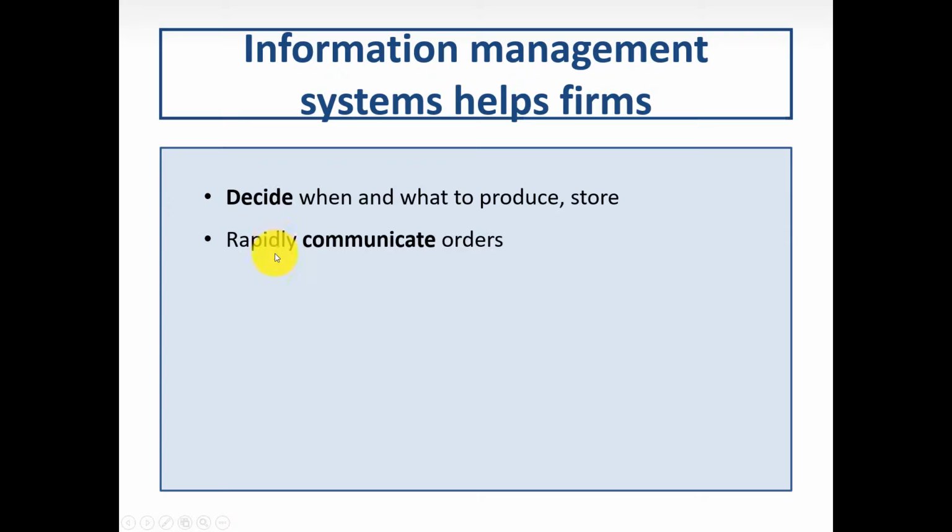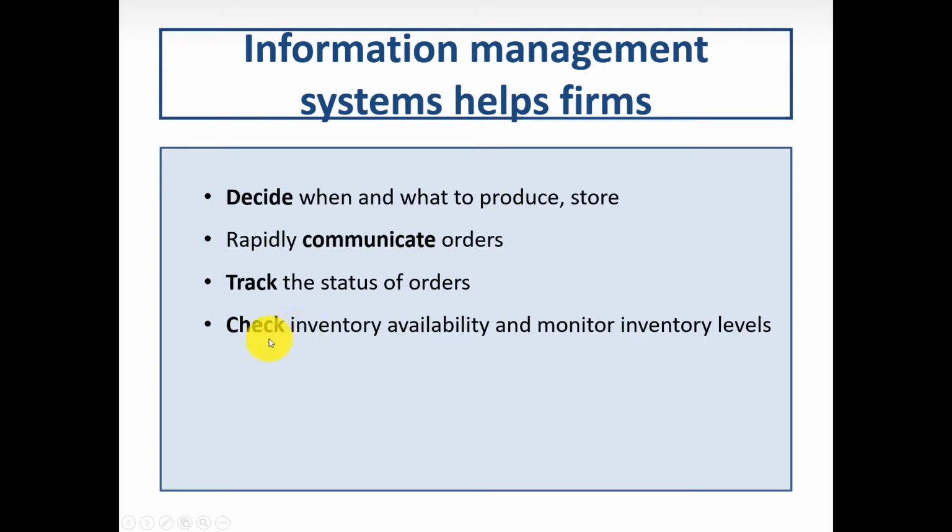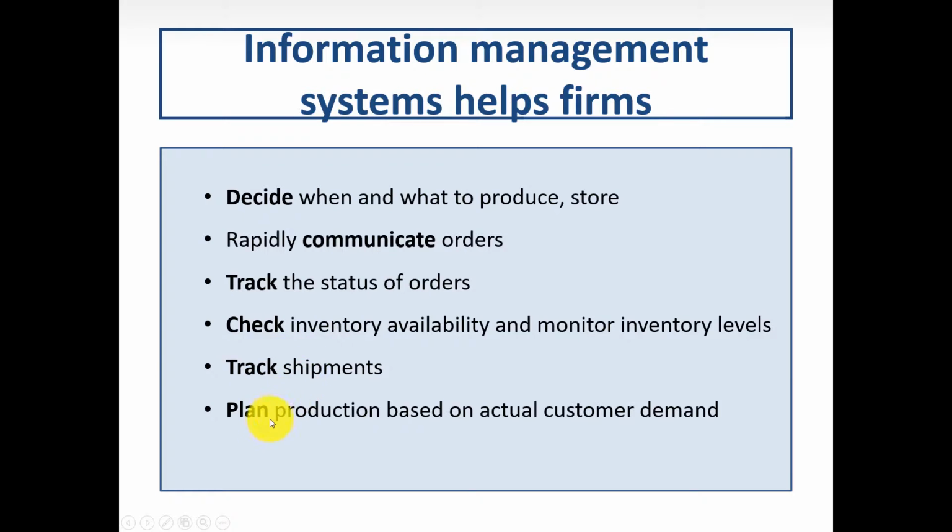store, to communicate orders, to track the status of orders, to check the inventory availability, monitor inventory level, track shipments, plan production based on customer demand, and this is data that you need to collect from the point of sales, from the stores, from the retailers, and of course to communicate rapidly the changes in product design.